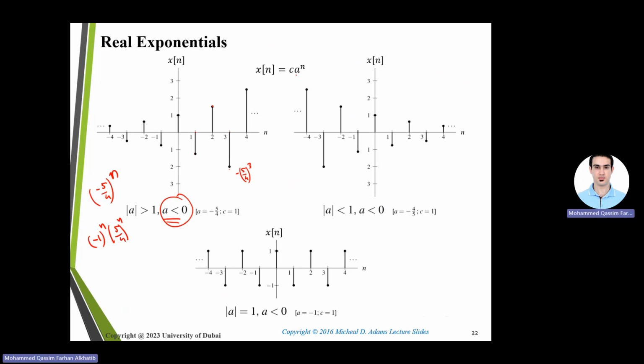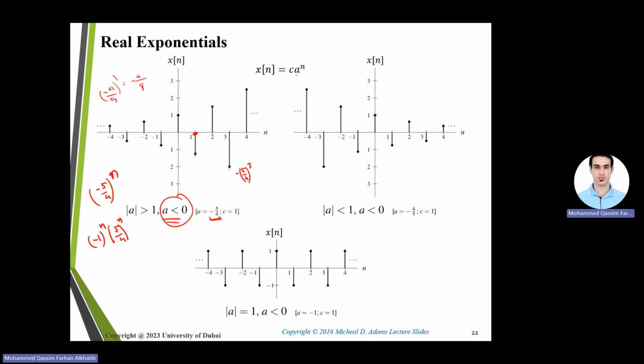Here is another example where the value of a has a negative sign, negative 5 over 4. You notice that with even indices, you will have a positive value. With odd indices, you'll get a negative value. So basically, when you have negative 4 over 5 to the power 1, that's negative 4 over 5.